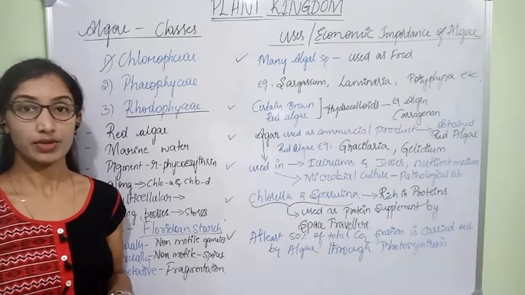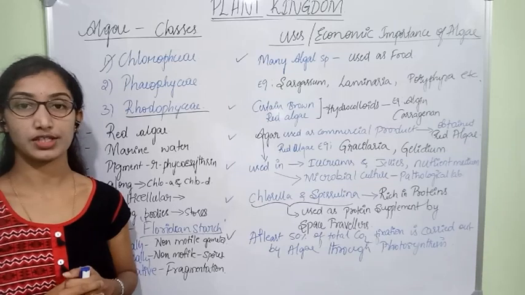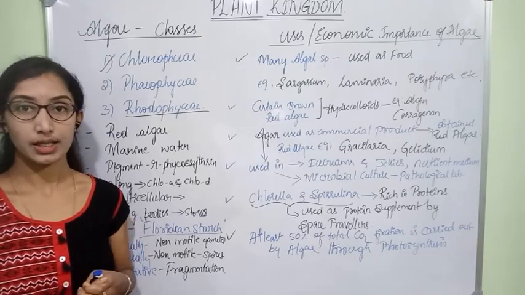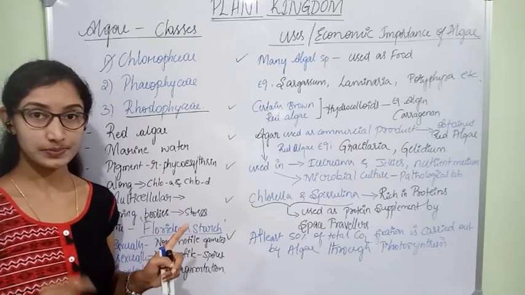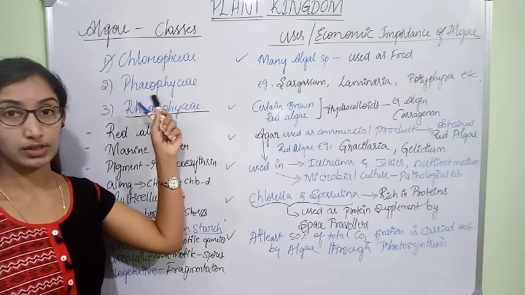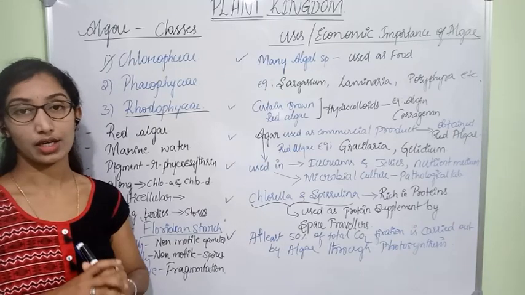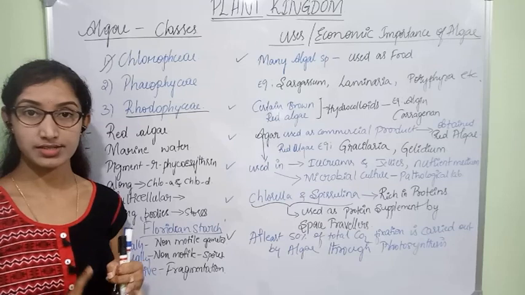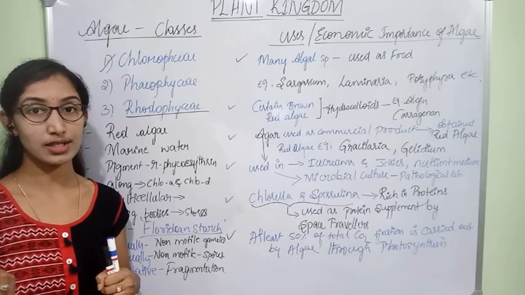Like this, we can observe the different types of reproduction: asexual, vegetative, as well as sexual. When we compare Rhodophyceae with Chlorophyceae and Phaeophyceae, there are a lot of differences in their pigments as well as in their cellular structure.